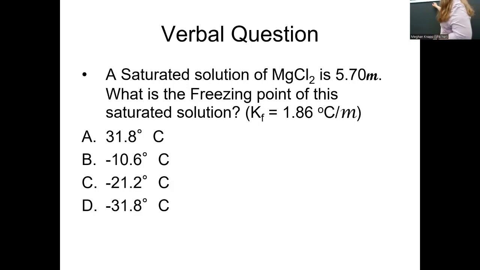And so remember our formula is delta T equals i m Kf, and Kf is equal to 1.86. All right, and you are solving for this. And then the number that you get, you're going to subtract from the freezing point of water, which we said was 0. Okay, so take a second to try and do that.